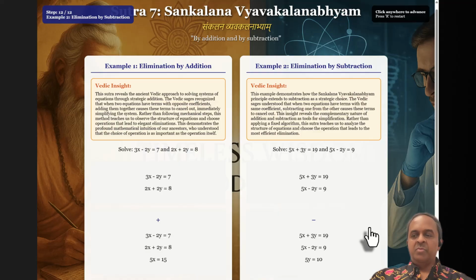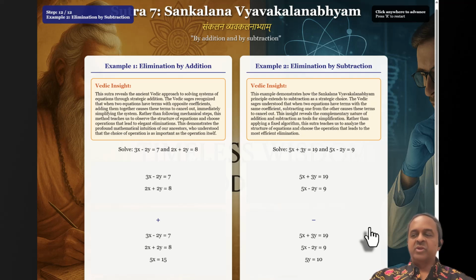This sutra, in particular, is valuable for solving systems of equations, performing algebraic manipulations, and finding squares and other powers. By breaking down complex operations into a series of additions and subtractions, we can often reach solutions more efficiently and with greater clarity.